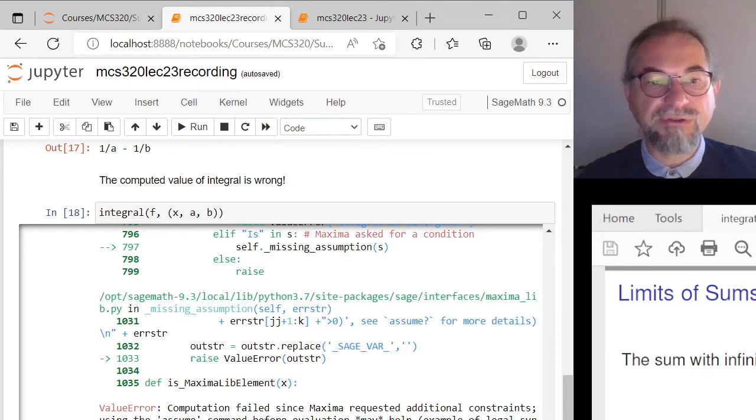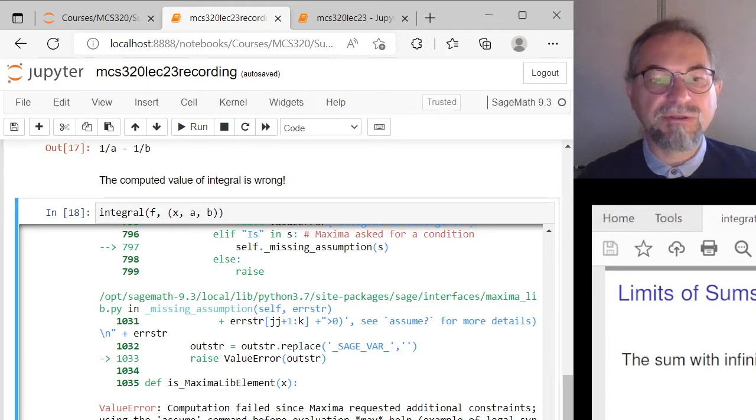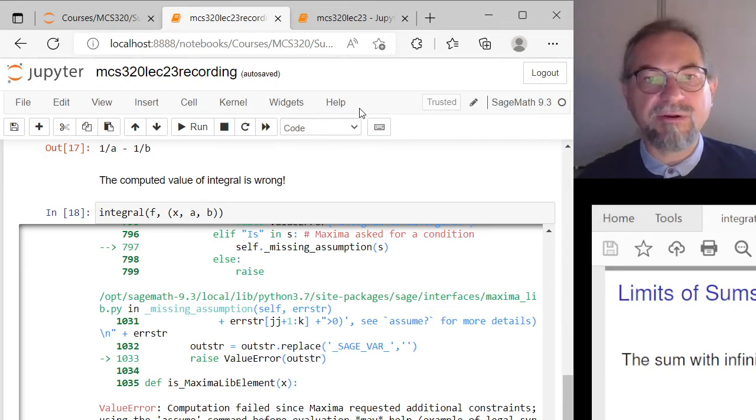It actually suggests that we should assume that b minus a is positive. So if we can answer the question, is b minus a negative or 0, then we can solve this integral. So let me copy that as the conclusion of this error.